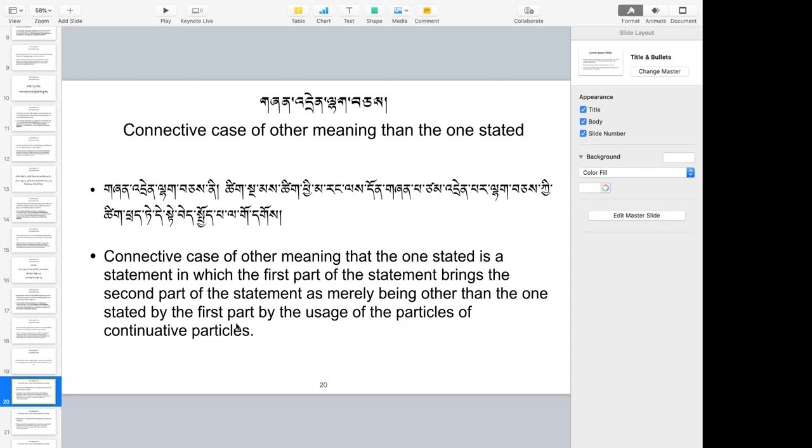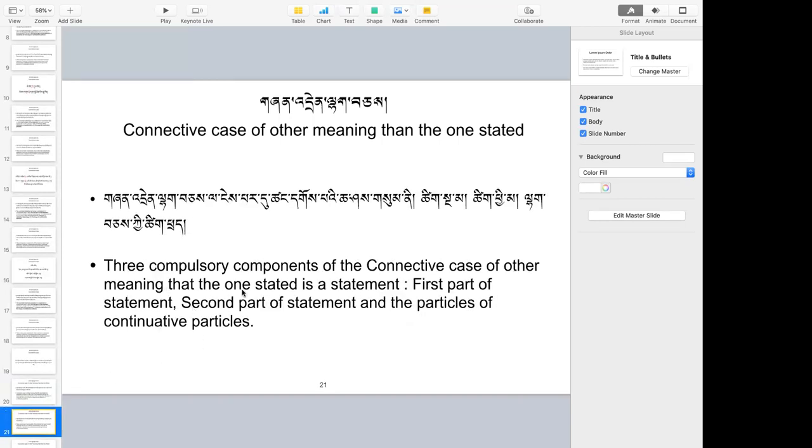So we see that the second part is brought in, and the second and the first part are just different. They're other, they're not the same. That's the only function that it does.